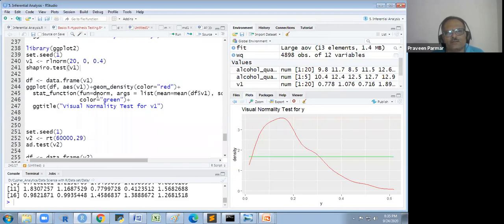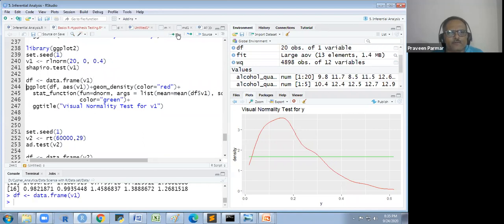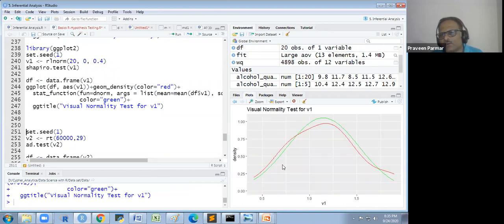And then the log normal I have taken, and then the density of normal I have taken, and I will show you this one. First I run this data frame, then I will show you this. So this is near about same. The log normal of the same data and the normality would be approximately the same. Okay.